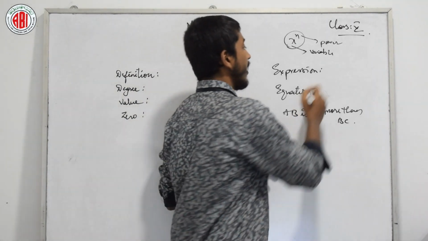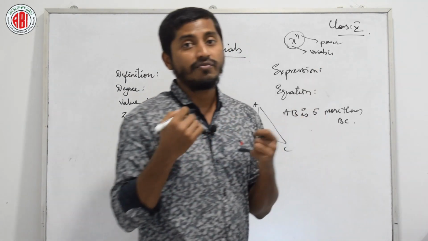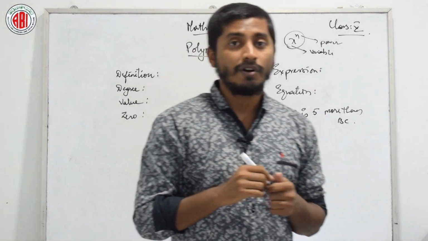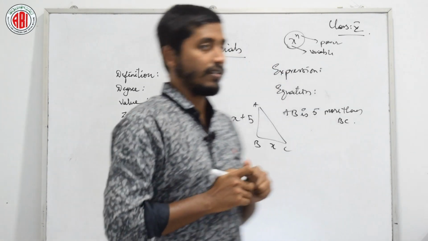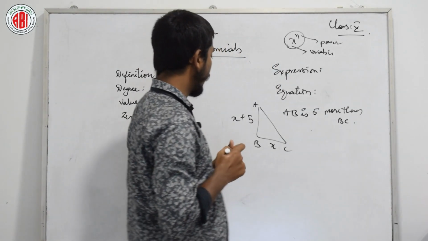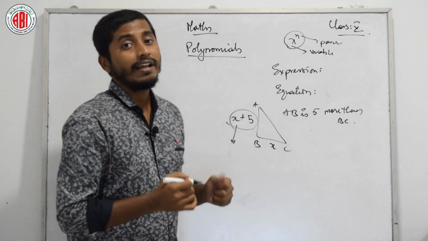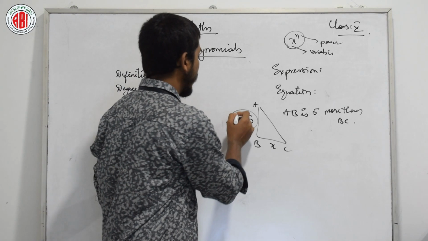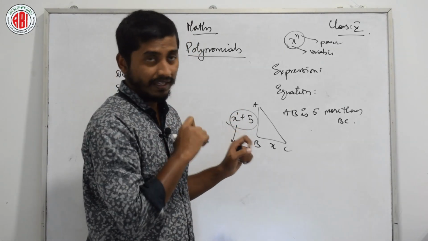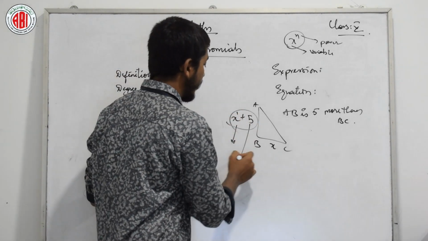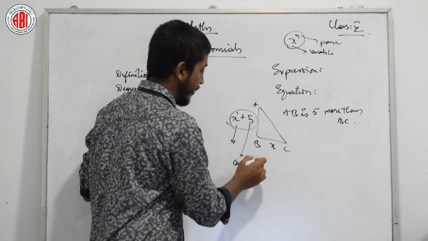An expression is something we write in the form of variables and constants. For example, in the expression x plus 5, x is a variable, the power is 1, and 5 is called a constant.